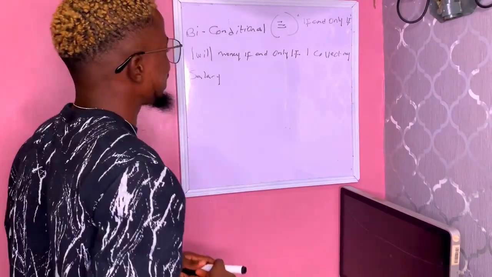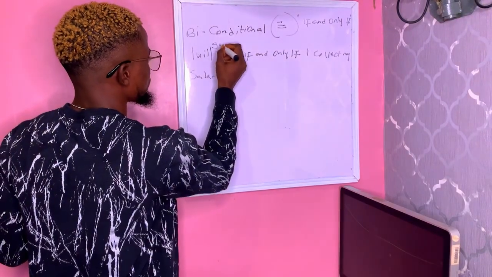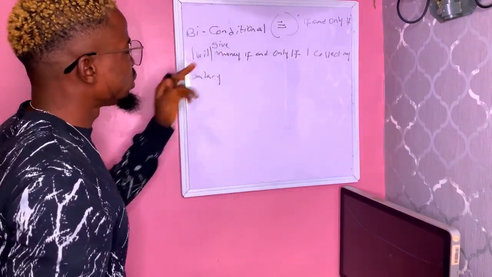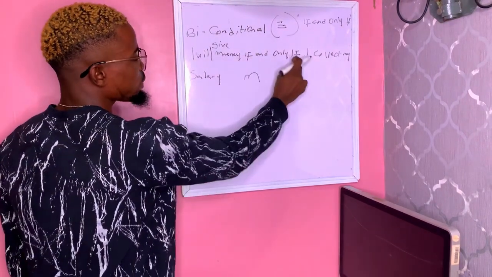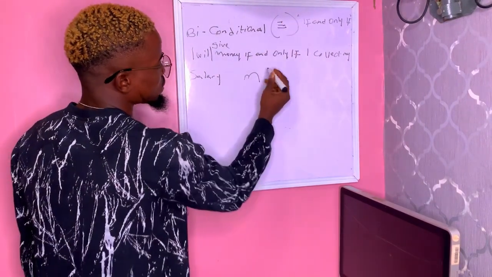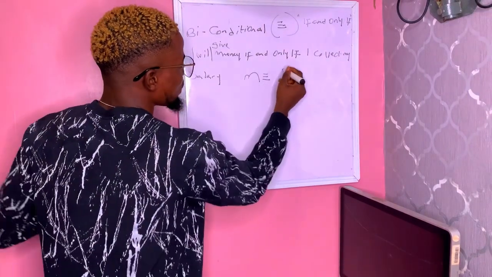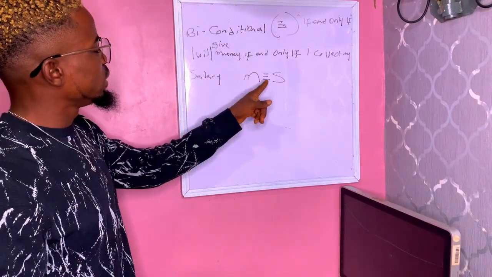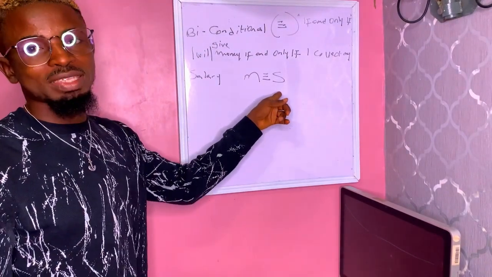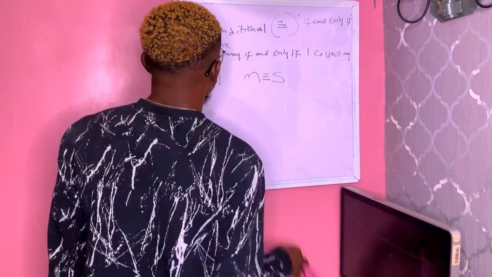If I want to symbolize this now, I will give you money, I'm symbolizing this with M. If and only if, this is the sign for it. I collect my salary, I'm representing it with S. So that's all. I will give you money if and only if I collect my salary. So biconditional is no more than that.